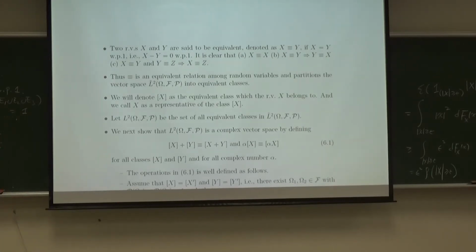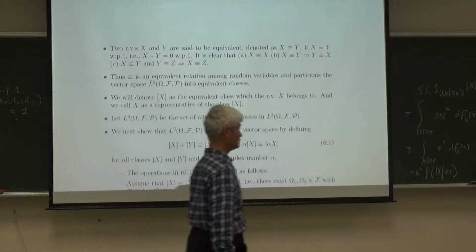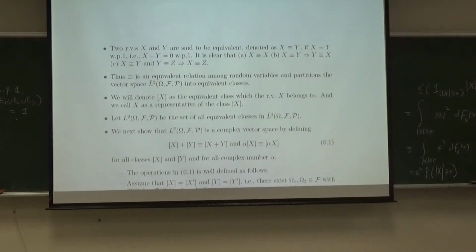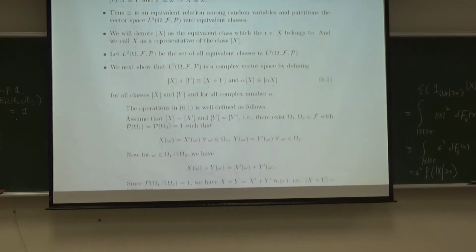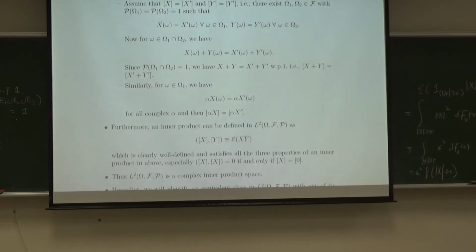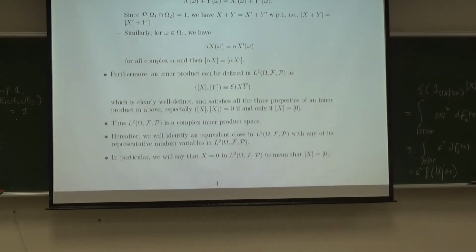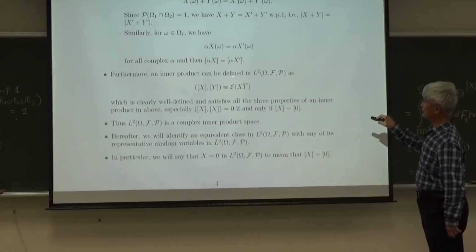And it is well defined. I think you can check it, because I gave you a rigorous proof that indeed this is true. Furthermore, an inner product can be defined.